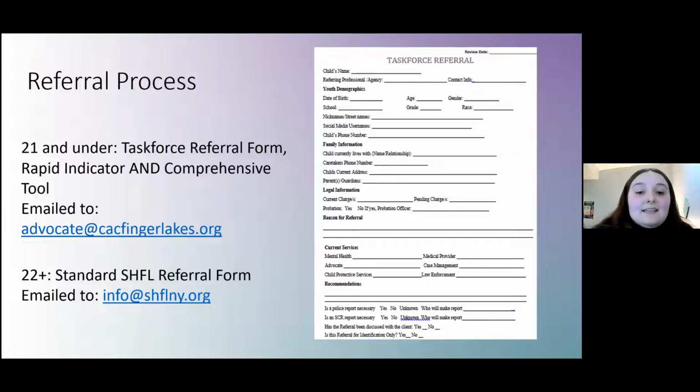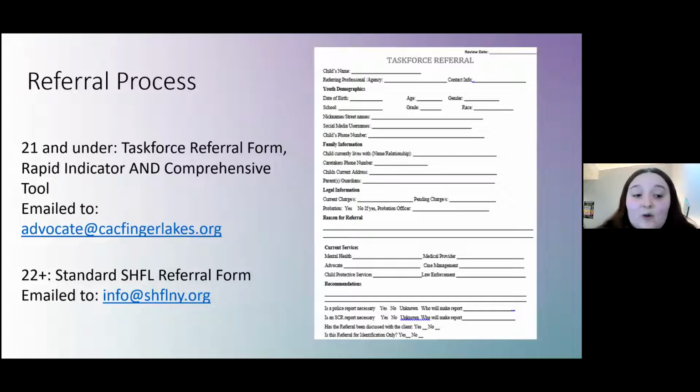If you select yes, this referral is for identification only, then we will not reach out to the youth at that time. By selecting yes, it's a way for us to keep the at-risk youth on our radar. And we are a voluntary service agency, so if they say no, I don't want services, then you can also submit this referral as identification only.